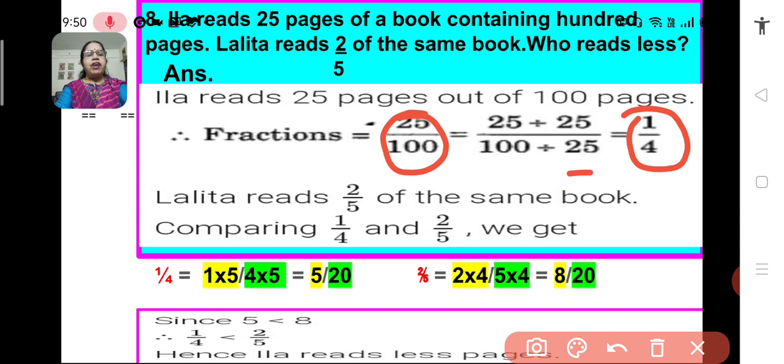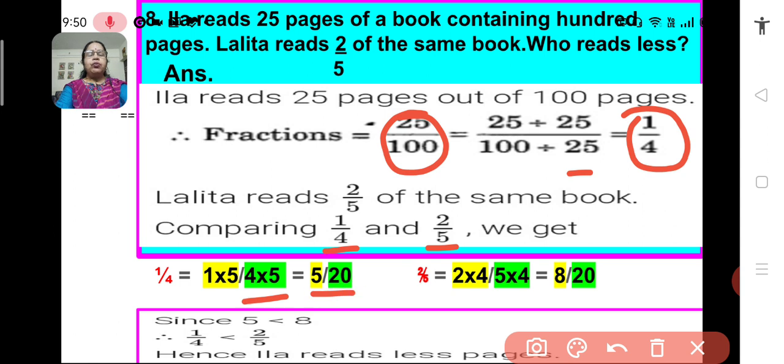So we find the LCM of the two denominators, 4 and 5. Their LCM is 20. So what we do? We convert the fraction 1 upon 4 into a fraction with a denominator 20. For that we multiply both the numerator and the denominator by 5. So what do we get?